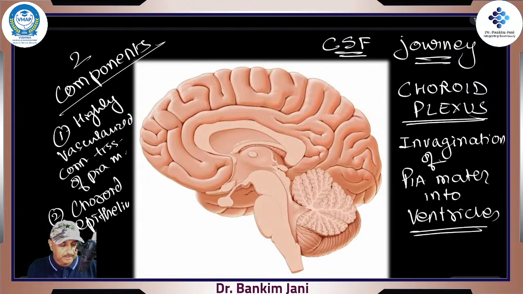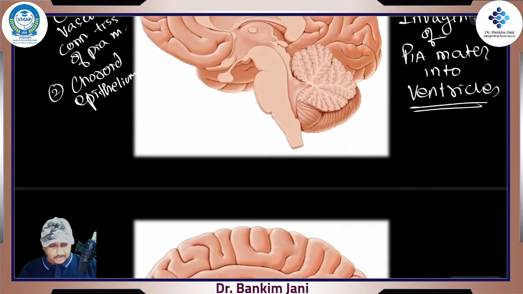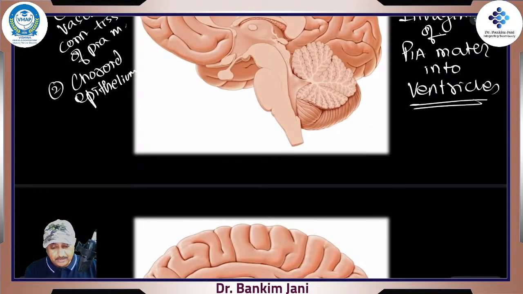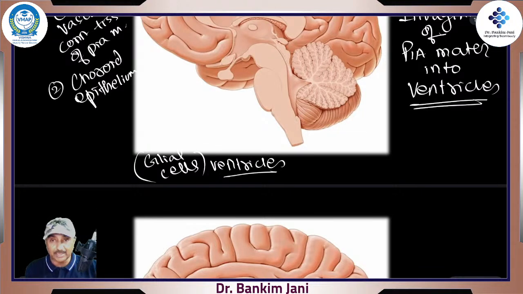That choroid epithelium is continuous with the glial cell membranes, because the glial cell membrane is the lining of the ventricle. Think of it like this: these are the ventricles, lined by glial cells. In histology, we talked about these glial cells.